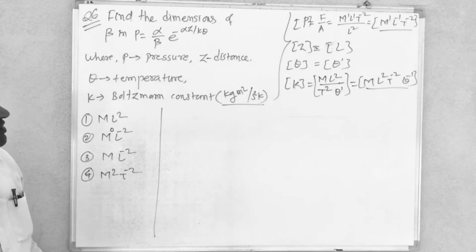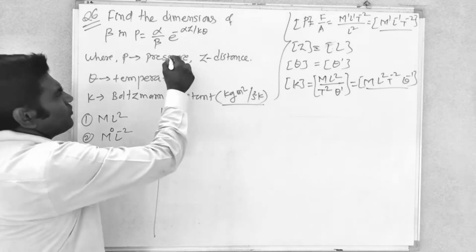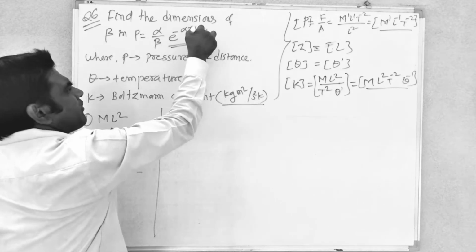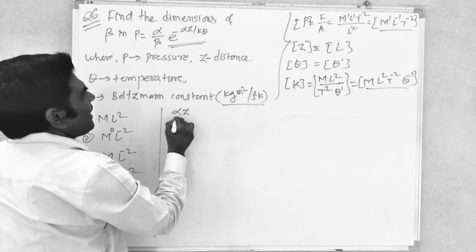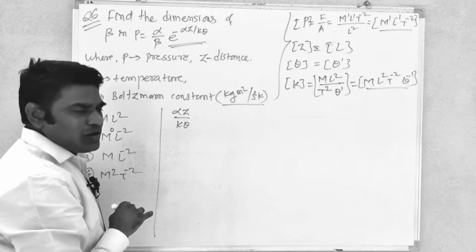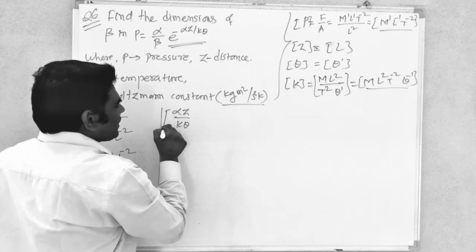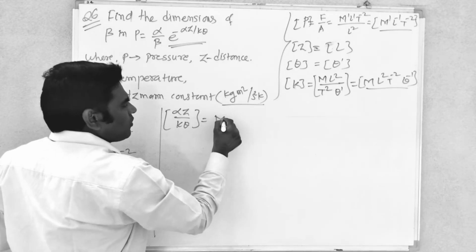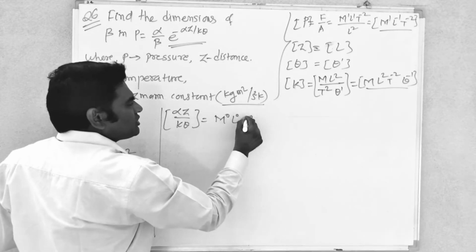Now we use this concept: the power, alpha z by k theta, is dimensionless. In the previous numerical we have seen this. So these dimensions are M0 L0 T0.